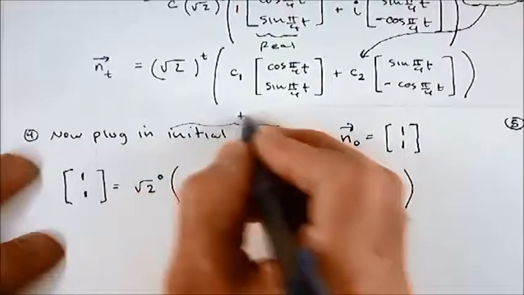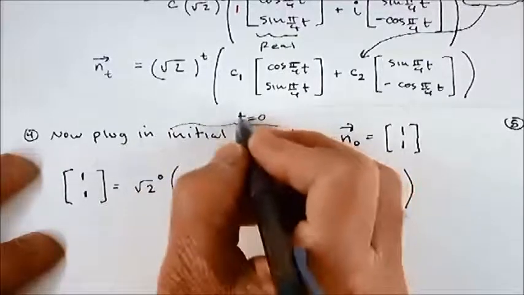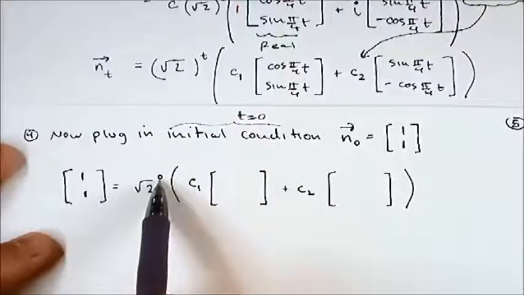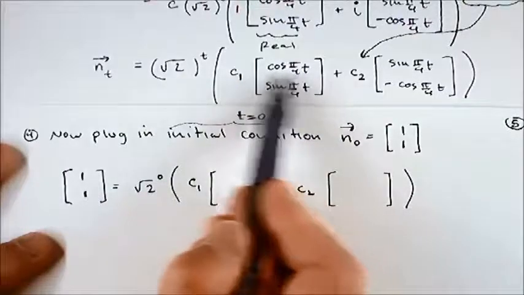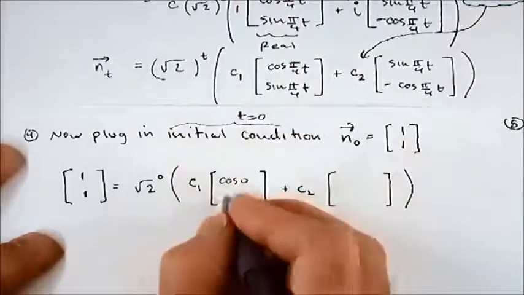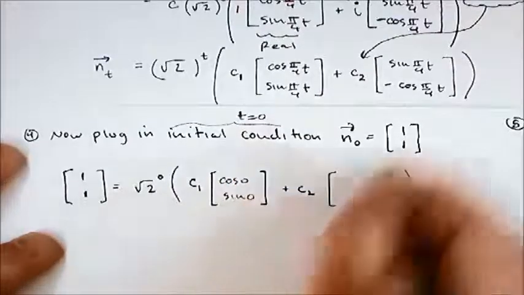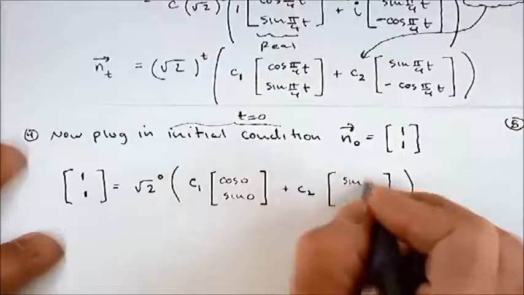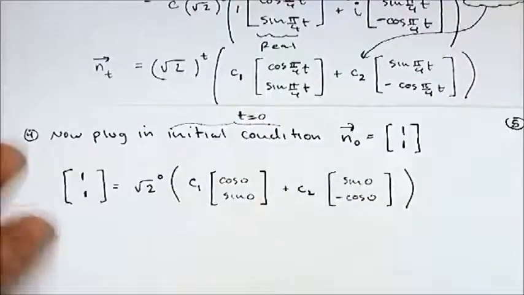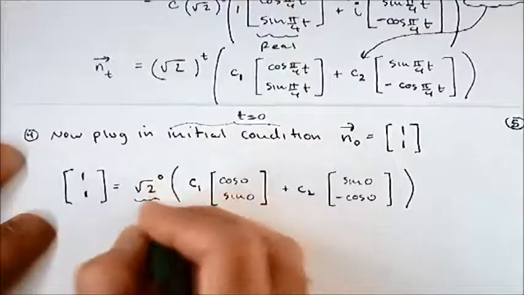This means t is equal to 0. So root 2 to the 0 is going to just be 1. And then this is going to turn out to be the cosine of 0, because t is 0, the sine of 0. This will be the sine of 0, and this will be negative cosine of 0. And this is just equal to (1, 1).